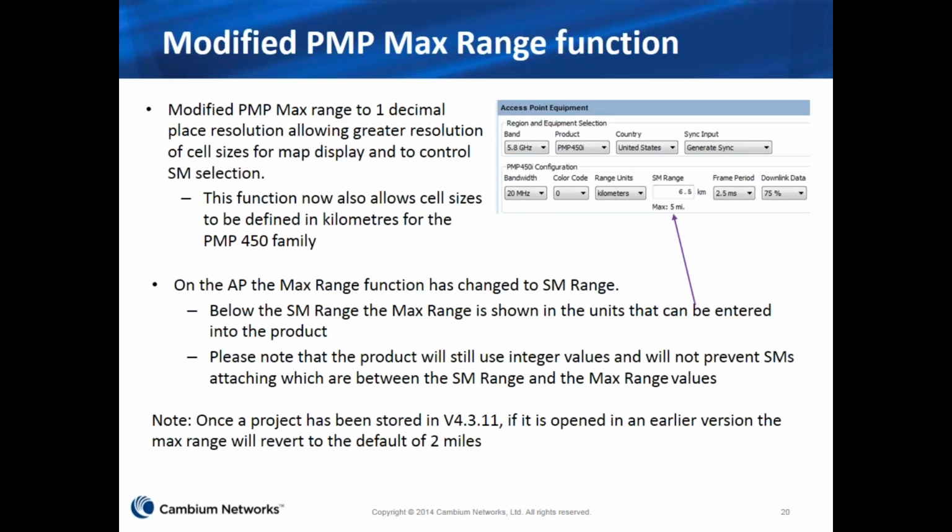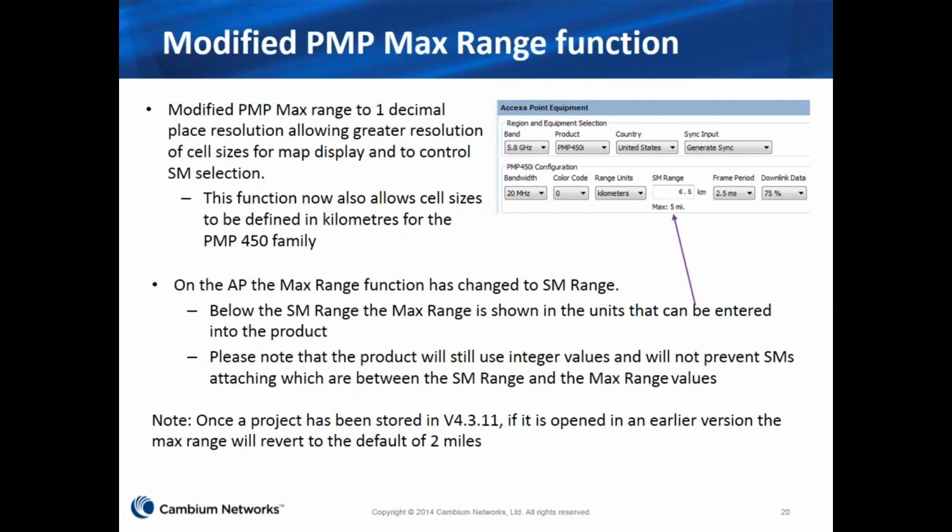As this has been quite a significant change to this function, if you open a project that you've already saved in this current version of 4.3.11 or any future versions, and then try to open that project in an earlier version of LINKPlanner before 4.3.11, the earlier version won't recognize this new SM range function, and therefore it will revert to the default value of max range, which is 2 miles.